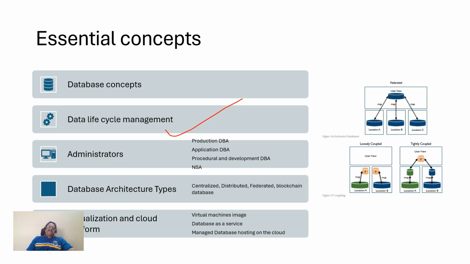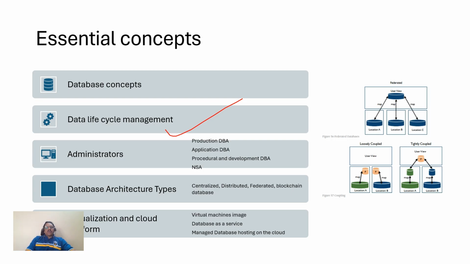Then we have types of administrators. So you have heard about production DBA, application DBA, procedural and development DBA, or NSA. So understanding these concepts are very important. So from a production DBA point of view, who manages the live operational database. And application DBA is focusing on supporting specific applications or databases.